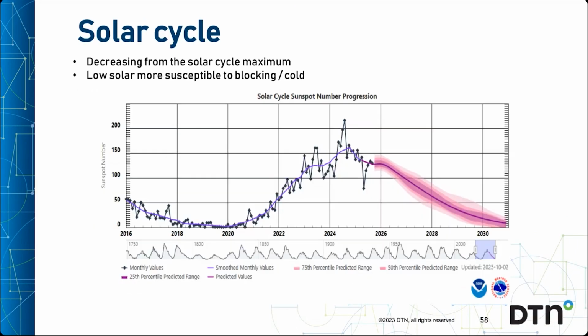Something we shouldn't overlook, although not necessarily highly impactful, is the solar cycle, which can be a factor in determining the probability of the NAO state via its connection to the stratospheric polar vortex. From this chart, you can see sunspot numbers are high despite a recent drop, and we haven't fallen far from the maximum of the solar cycle.